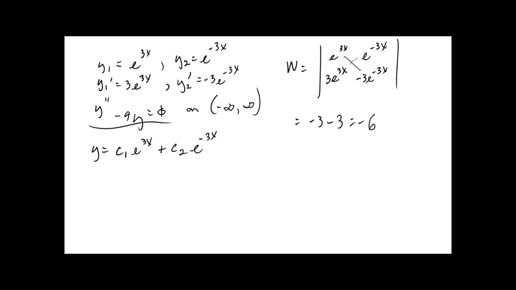This is a second degree differential equation. Means you got to have two in your fundamental set. We have them. They're linearly independent of each other. So the general solution will be some linear combination of those. Done. Pretty simple. Okay? That's your general solution on the interval, the real number line.